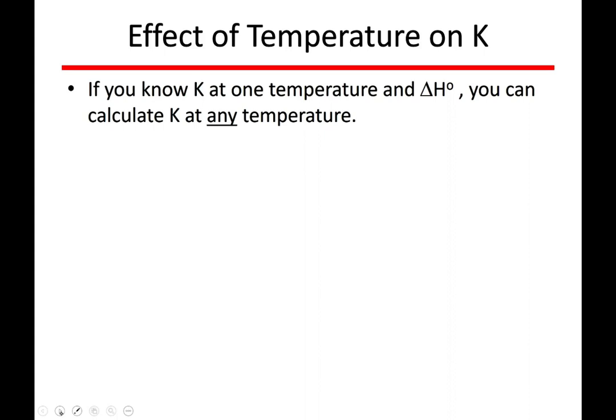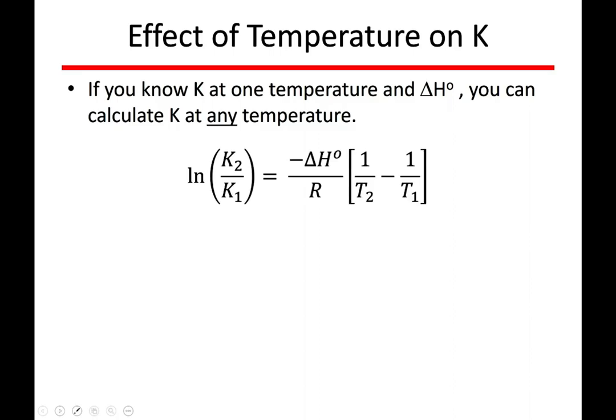And the Van't Hoff equation allows you to calculate K at any temperature as long as you know K at some initial temperature and the value of delta H standard for the reaction. It allows you to convert K from one temperature to a new temperature. This equation takes the form ln of K2 over K1 is equal to negative delta H standard over R times the quantity 1 over T2 minus 1 over T1.